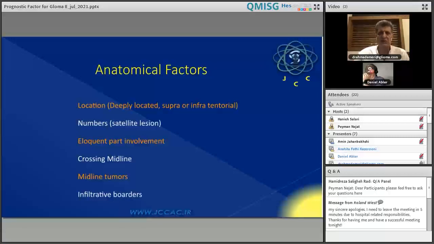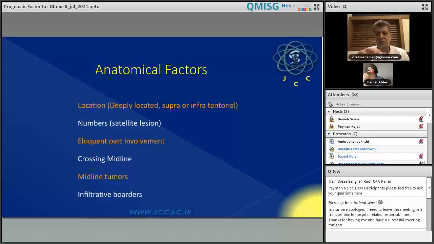Tumors crossing the midline are very important for us because they affect both hemispheres of the brain, and defining the treatment approach for this kind of patient is more difficult, and usually the recurrence rate is higher.